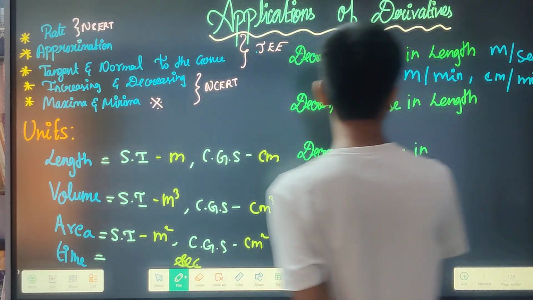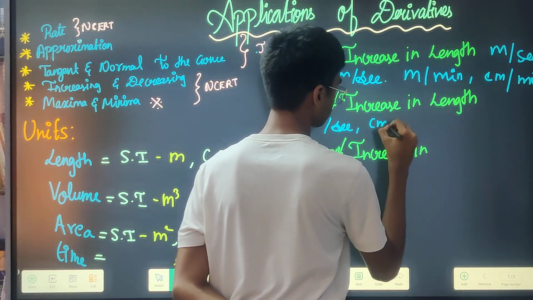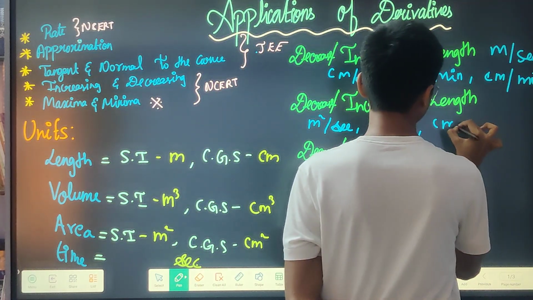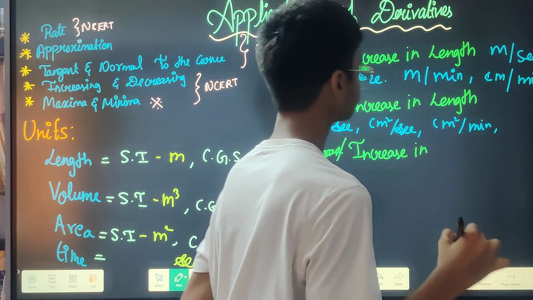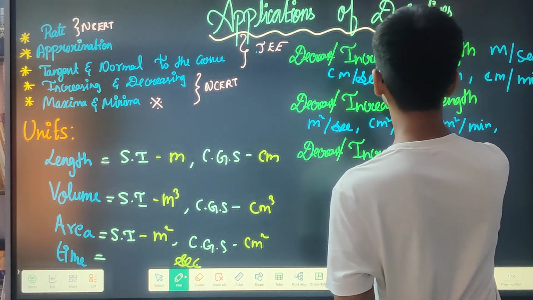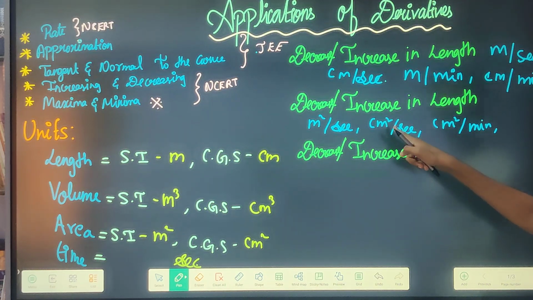Here, for area, you can have meter square per second, or centimeter square per second, or centimeter square per minute.